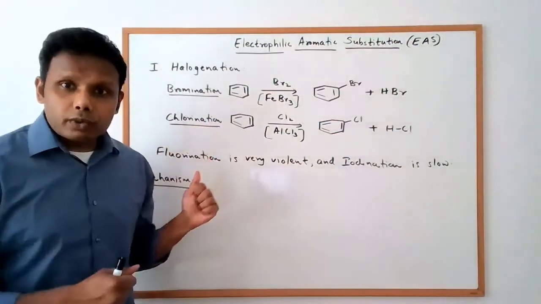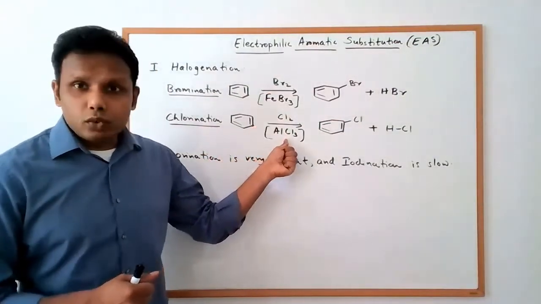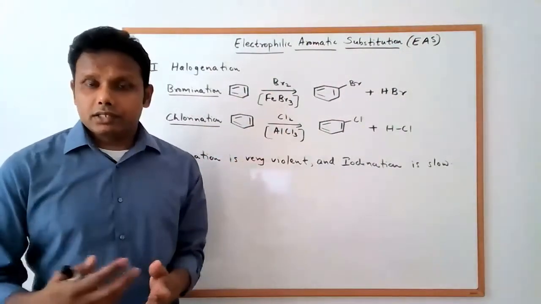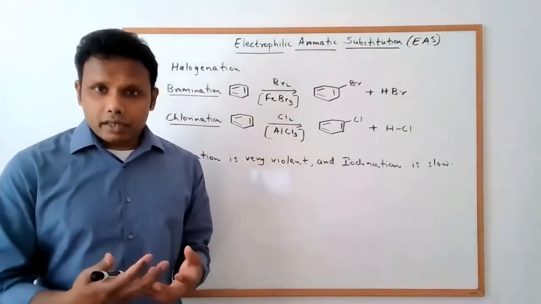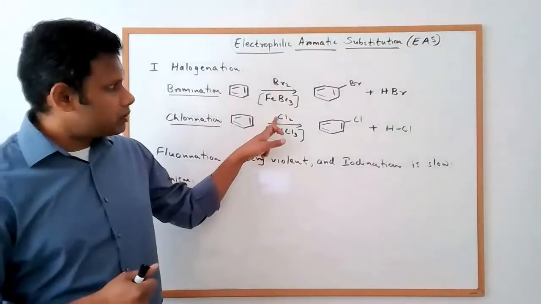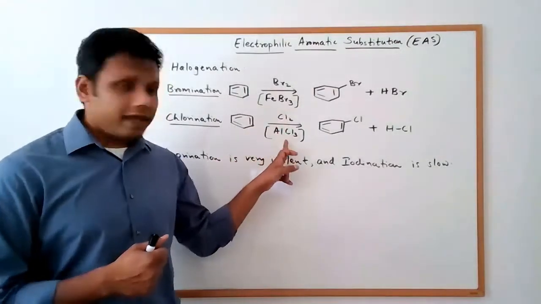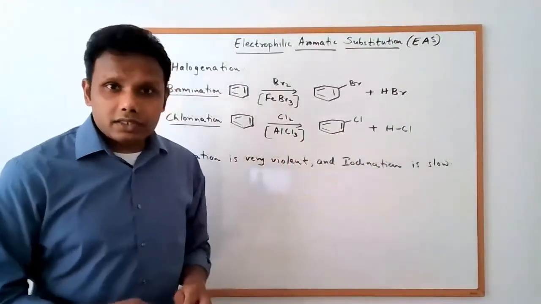If you want to do a chlorination instead, we will use chlorine and aluminum trichloride. Now, if you use FeCl3, it is still going to work, but aluminum trichloride is a better catalyst for doing this reaction. So when we react benzene with Cl2 in presence of aluminum trichloride as a catalyst, we're going to get chlorobenzene and HCl as the product.